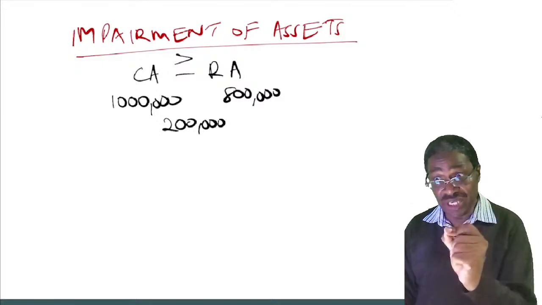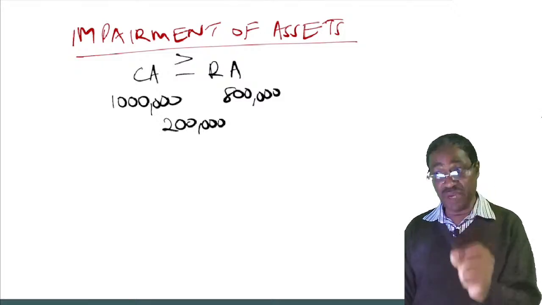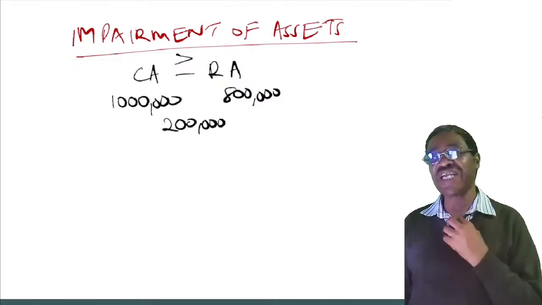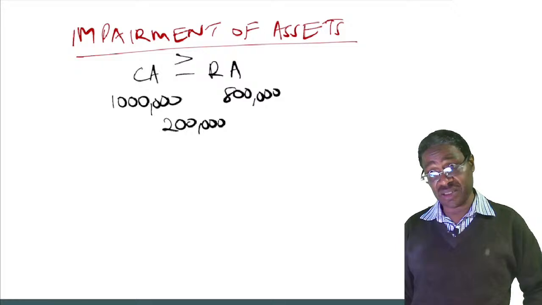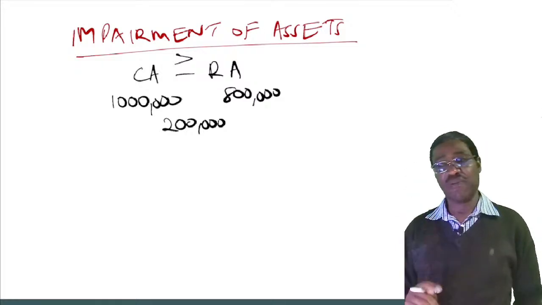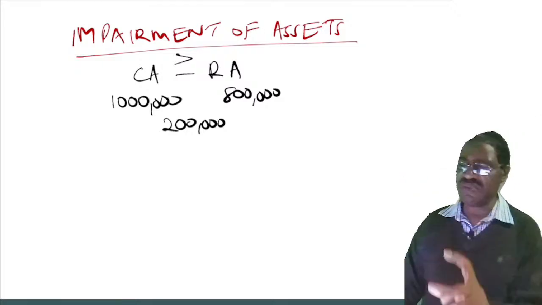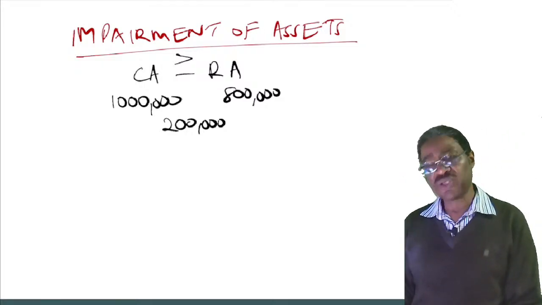So the condition is, an asset is said to have suffered an impairment loss if the carrying amount of that asset is higher than the recoverable amount. The other point is, how do you determine the recoverable amount of an asset?